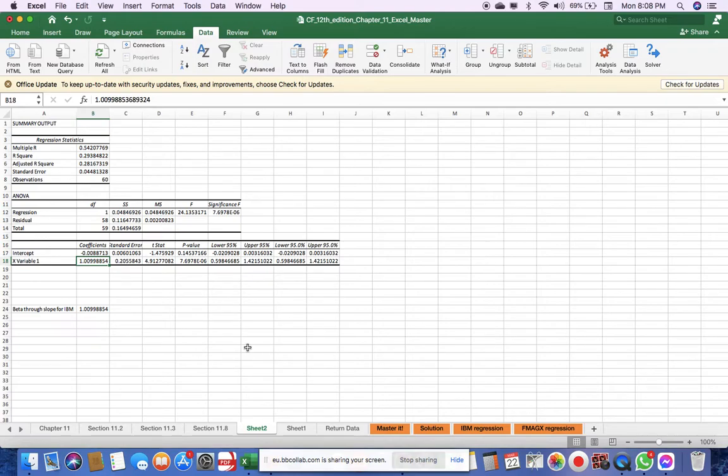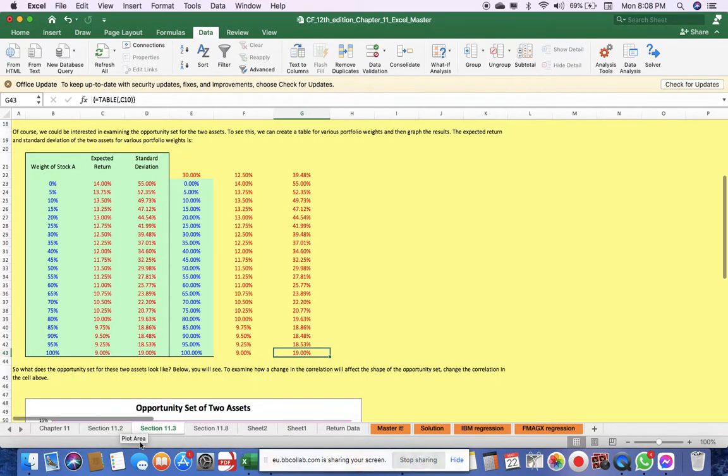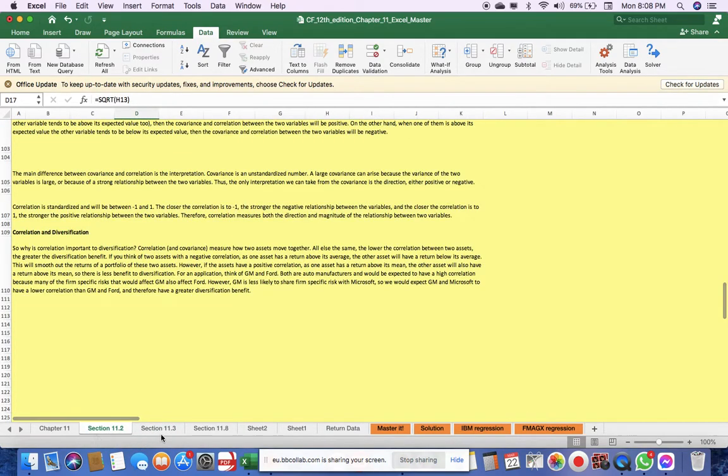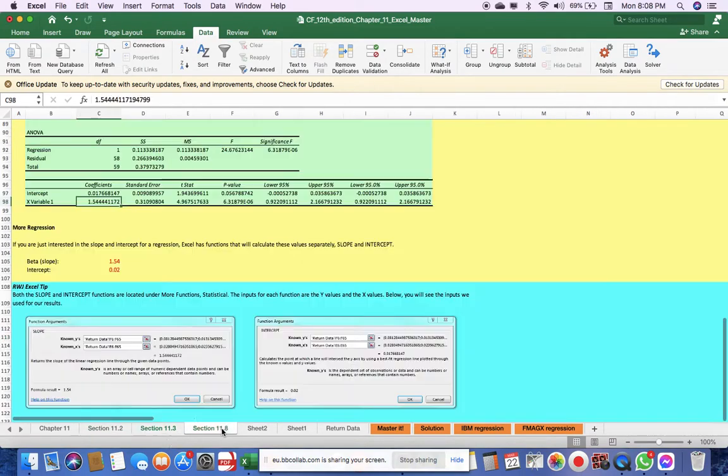Both of them have the same answer. So this is the way we calculate the beta. It's up to you whether you want to calculate the beta through the regression line in the inbuilt Excel spreadsheet, or you can calculate the beta through the slope. It's up to you, you can take the choice. Slope you can use because it's easy to take and easy to calculate. So this is the way we calculate the beta through the regression line.